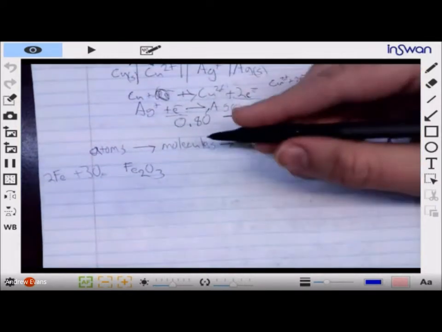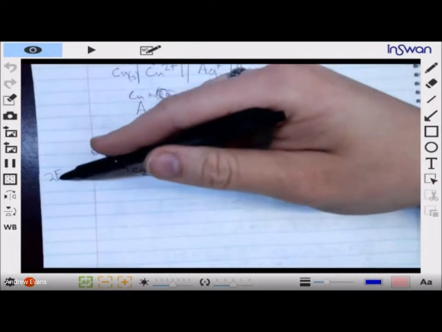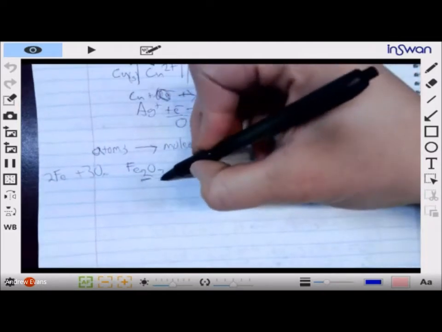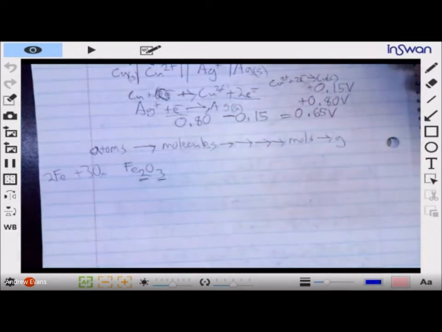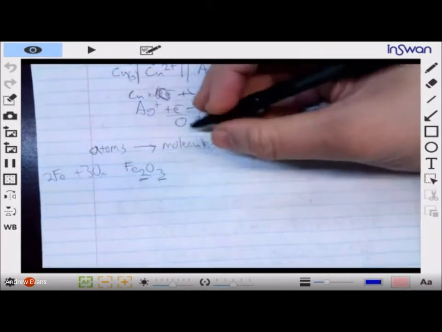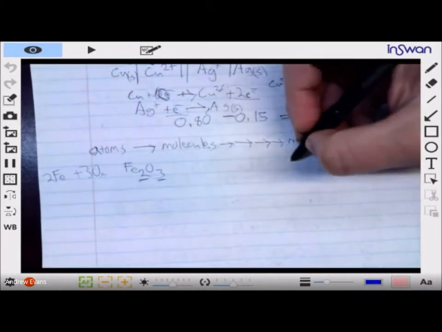So on an atomic level, you could break it down into 2 and 3 based on the fact that our subscripts say 2 and 3. From there, on an individual molecule level, we could upscale it to figure out moles.